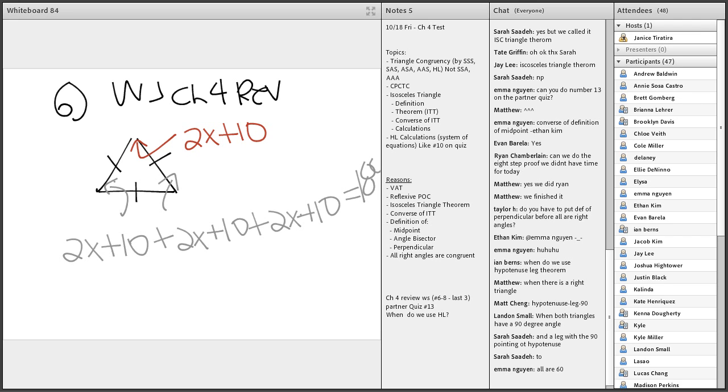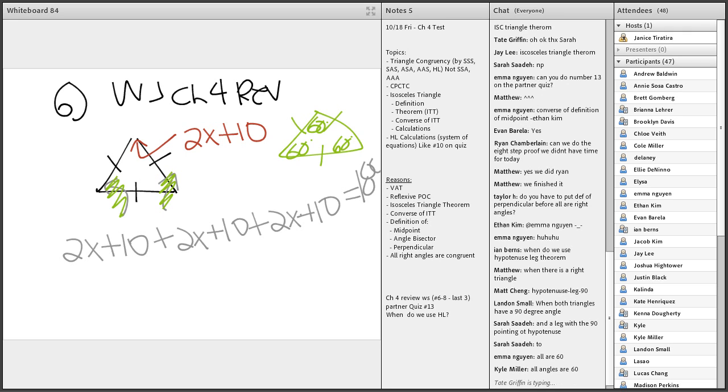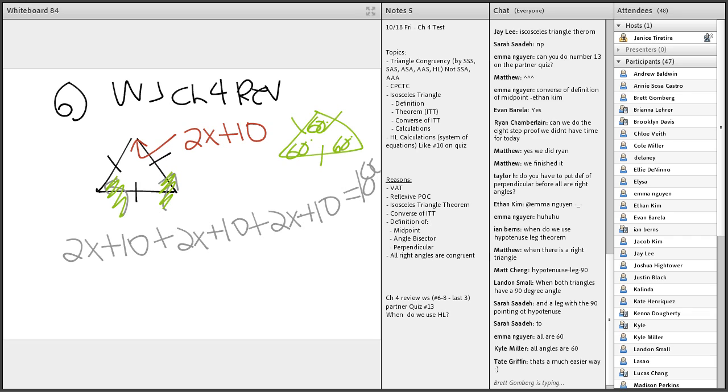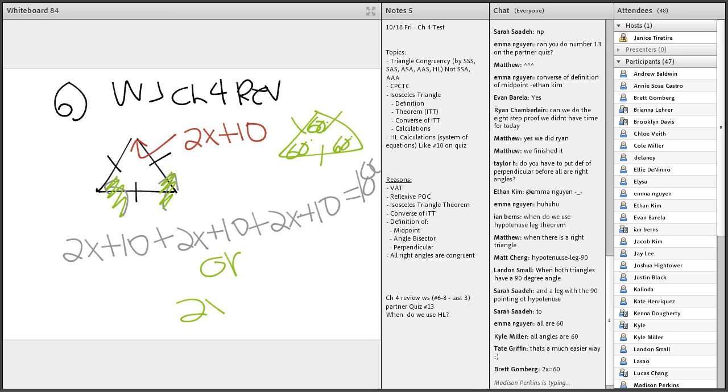But here's a different perspective. Let's not even worry about any of these other ones, right? If we look at an equilateral triangle, each angle is going to be 60 degrees, no matter what. 180 divided by 3 is 60 degrees each. So therefore, I don't have to do that whole equation. I can just do 2x plus 10 is equal to 60.